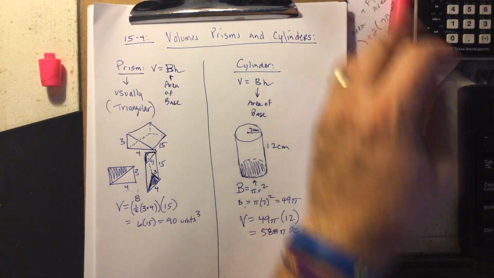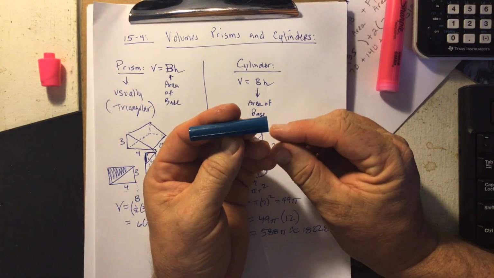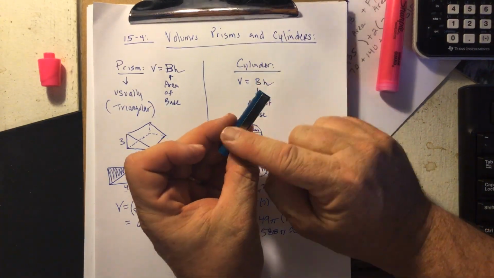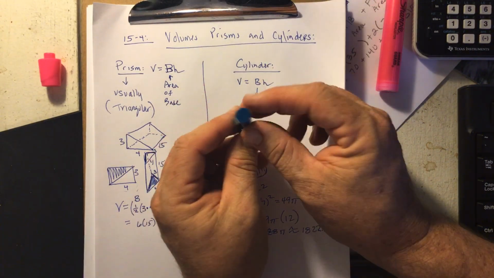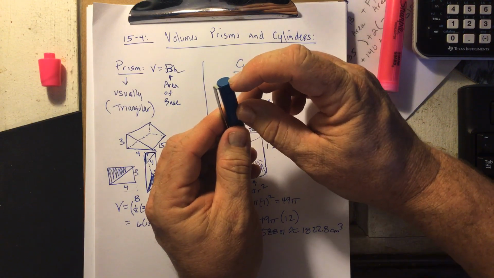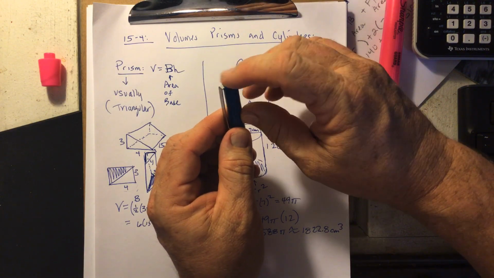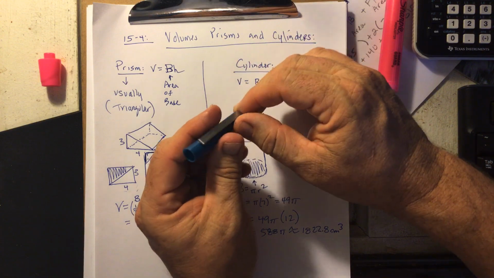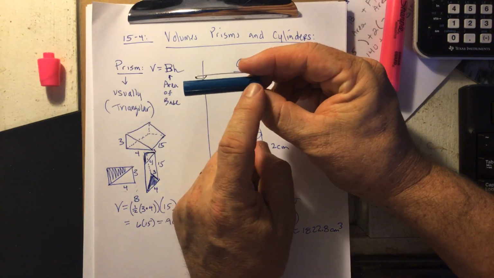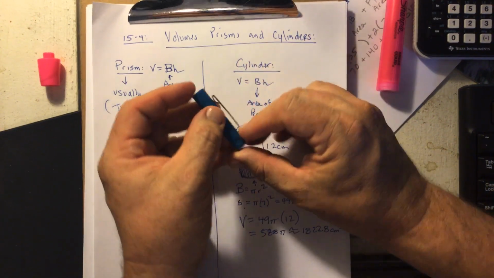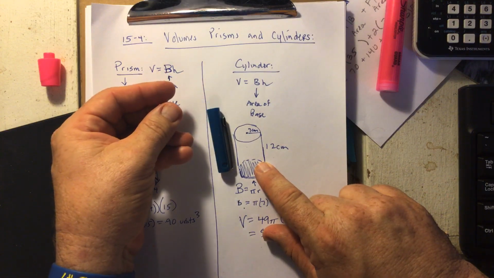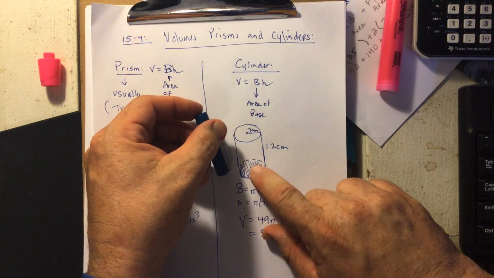If I was going to find the volume of this cylinder, I would find the area of the circle using pi r squared, and I would multiply it by the total height. So that's the same idea behind this one here: we're finding the base and multiplying it by the height.